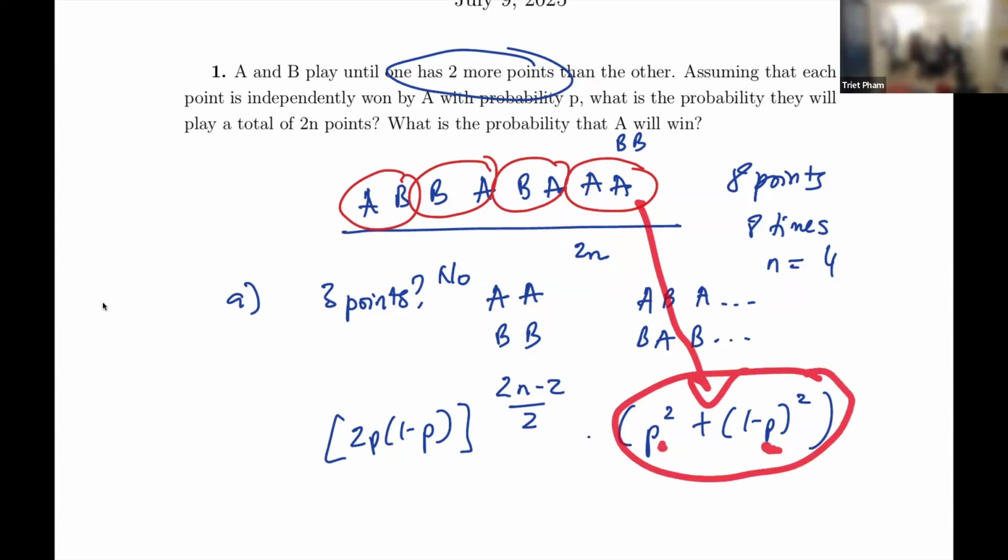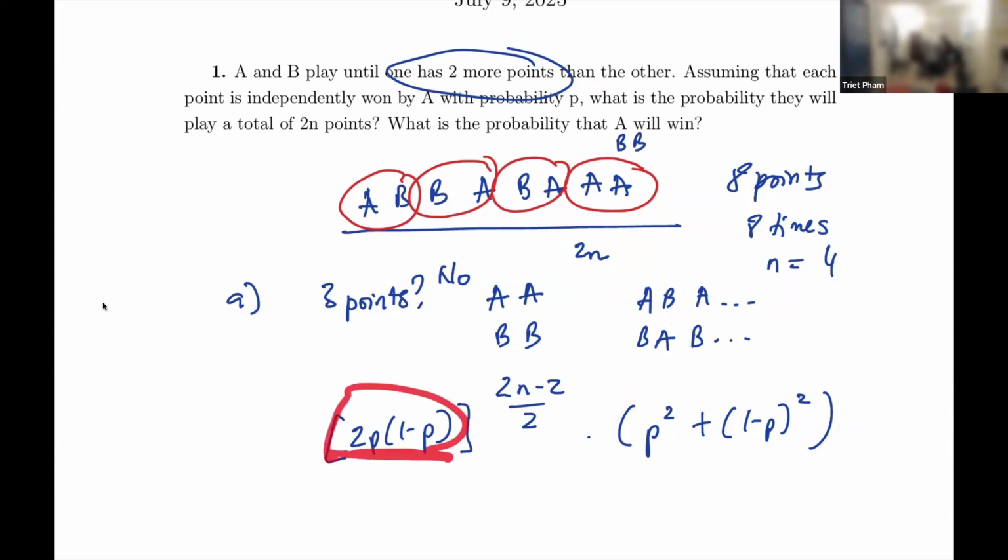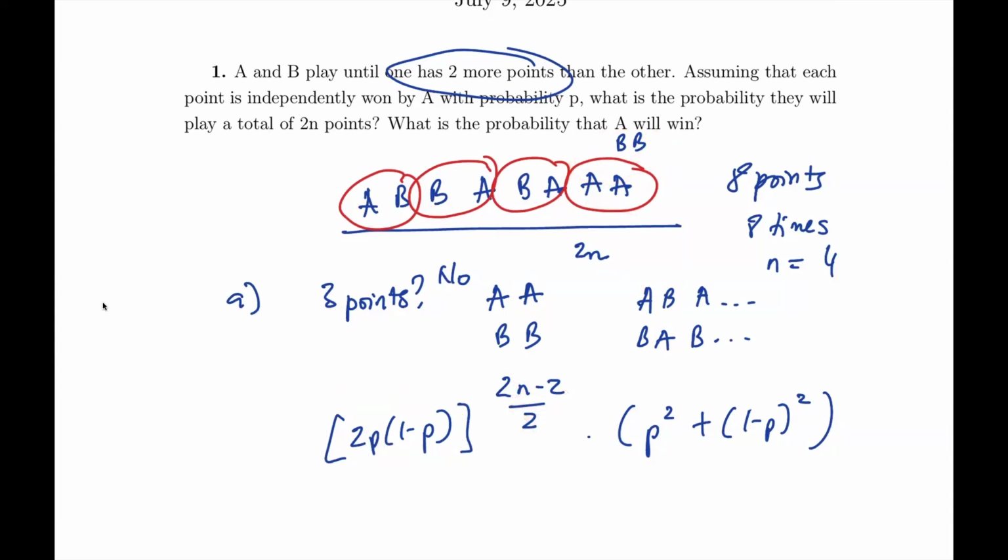All the previous rounds must be draws. The 2 is because of the permutation. How many rounds are there previously? Well, you have 2n, take out a 2 from the last, and then you divide by 2 because a round has 2 games. Okay, got it. Thank you. Sure.